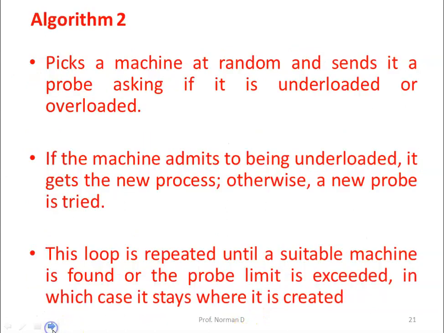The second algorithm picks up a machine at random and sends it a probe asking if it is underloaded or overloaded. So if that particular machine admits to being underloaded, it gets the new process, otherwise a new probe is tried. Now in this algorithm also this loop is repeated until a machine is found or the probe limit is exceeded, in which case the process stays where it was created.